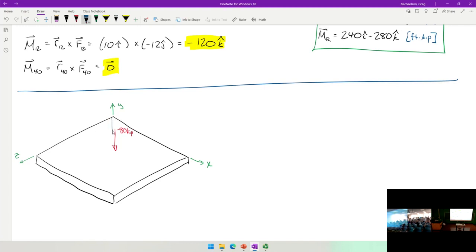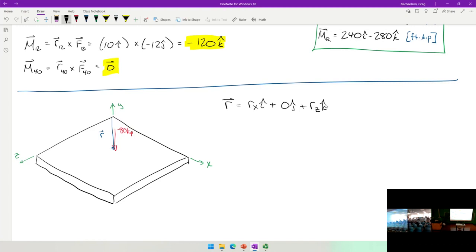So let's determine some position vector R. I don't know what those values are yet. We'll figure that out. But I want to figure out where to put that 80 kip load so that it is statically equivalent to all of the other forces, right?